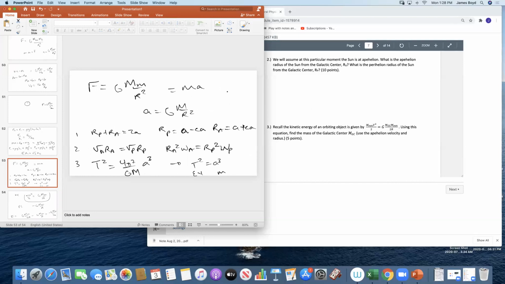Remember that e equal to 0 is a circle, e less than 1 is an ellipse, e equal to 1 is a parabola, and greater is a hyperbola, right? So elliptical orbits, or closed orbits, only occur if e is less than 1.